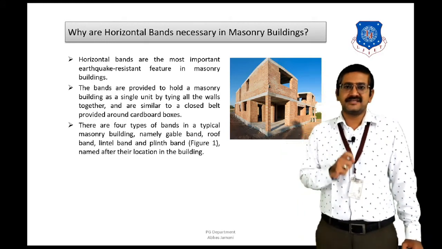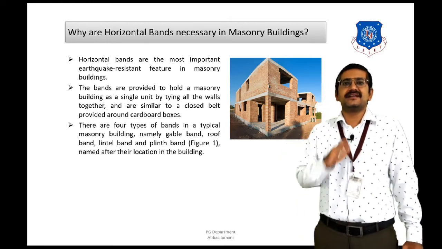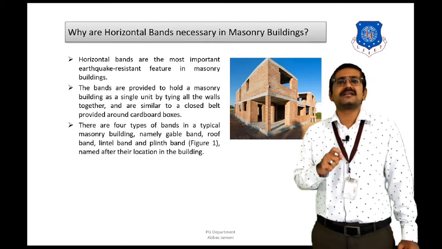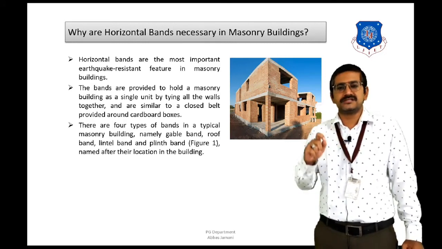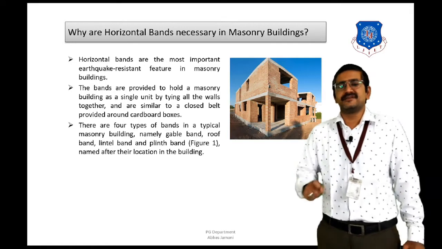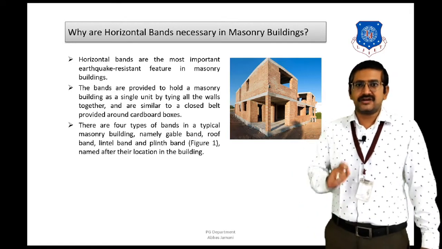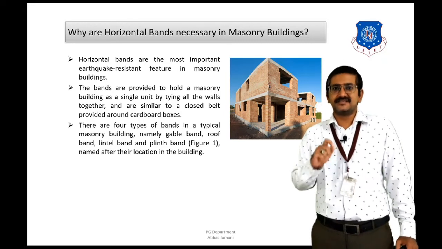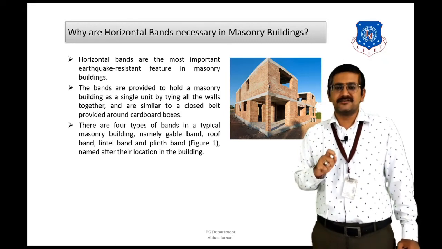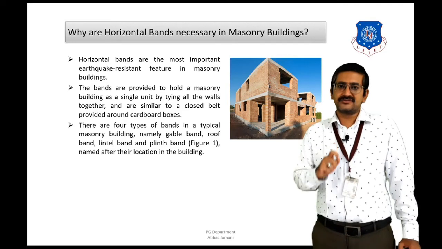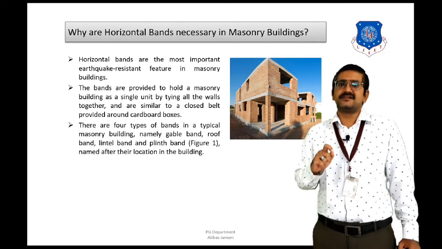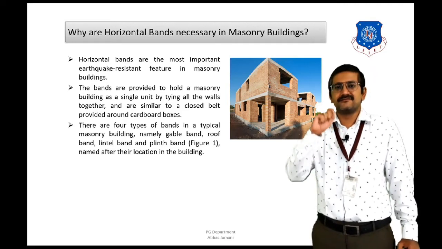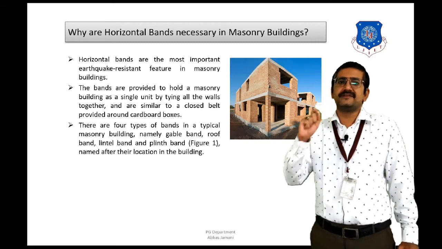Why was this aspect necessary? Because in case of a masonry building, the load transfer is going to be from the roof to the walls, from the walls to the foundation, and from the foundation to the soil. Right? So now if these walls have a higher percentage of openings, then the stiffness of this particular building is going to reduce. And when the stiffness is reduced, the connectivity between the floor, the roof and the wall is going to reduce.